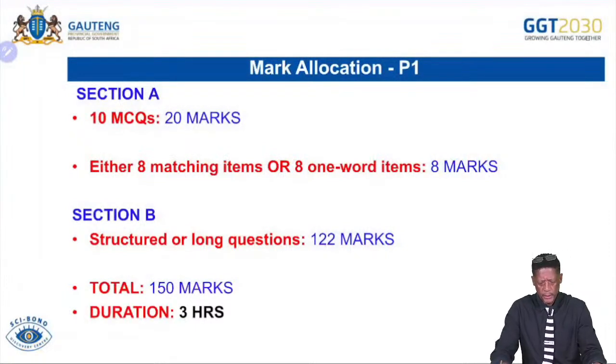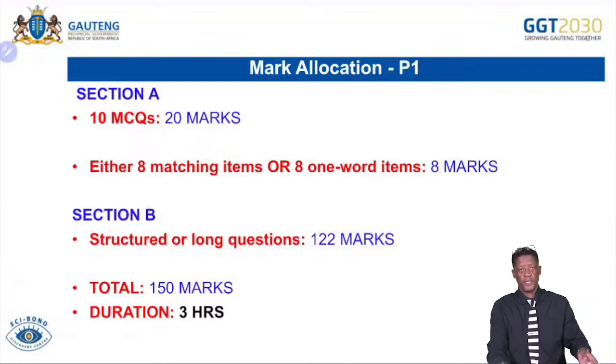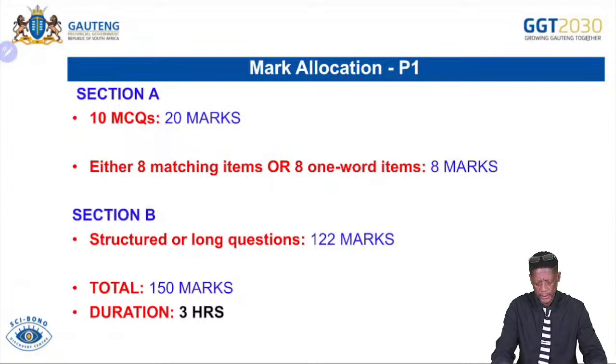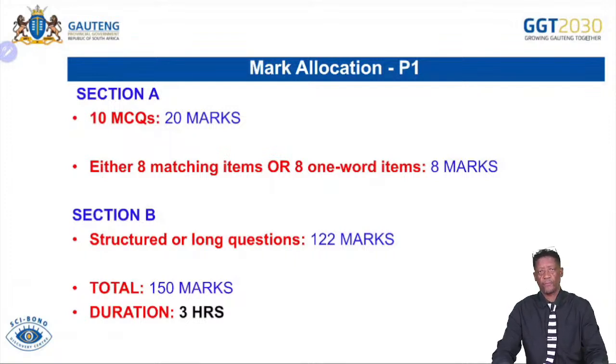If you look at the structure of the question paper, there's Section A, which is 10 multiple choice questions, and those questions are 20 marks. In other words, there are 2 marks each, so 2 times 10 is going to be 20. Then you might have, like we saw in our mock exam, matching the column.